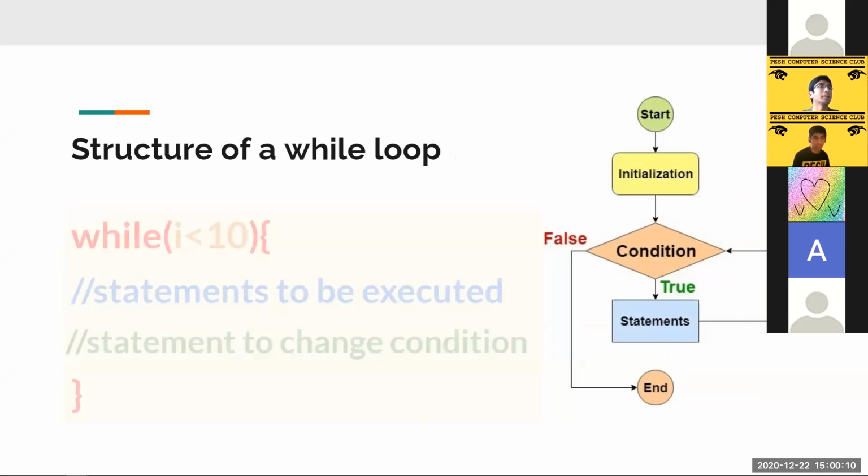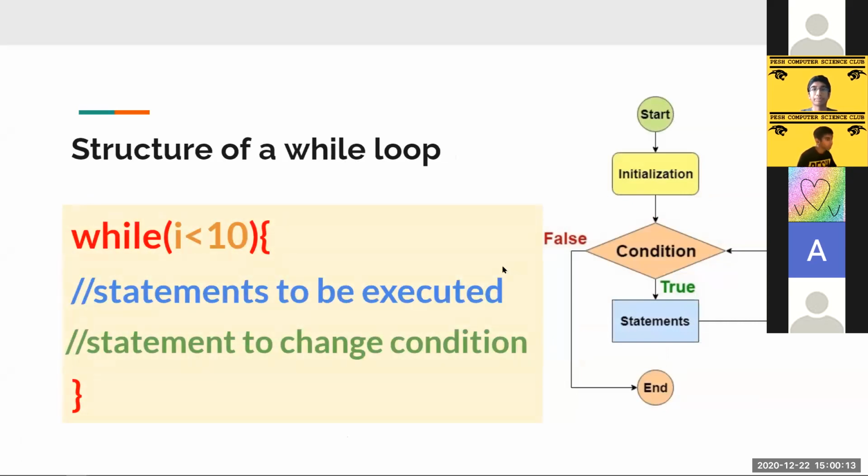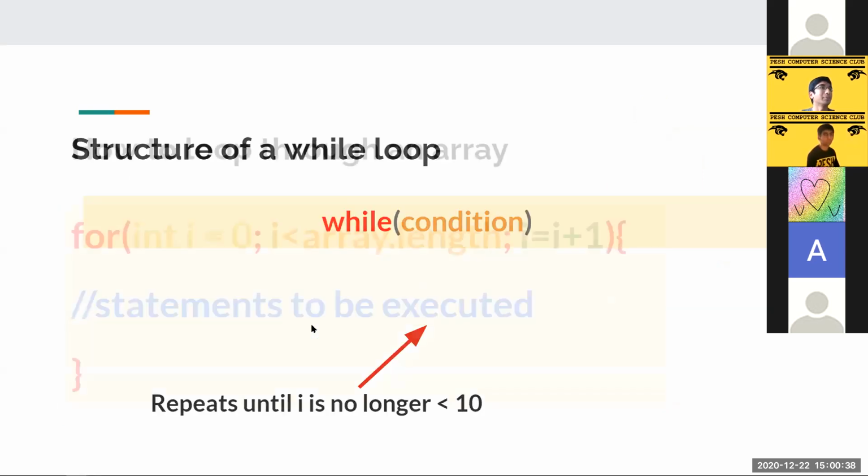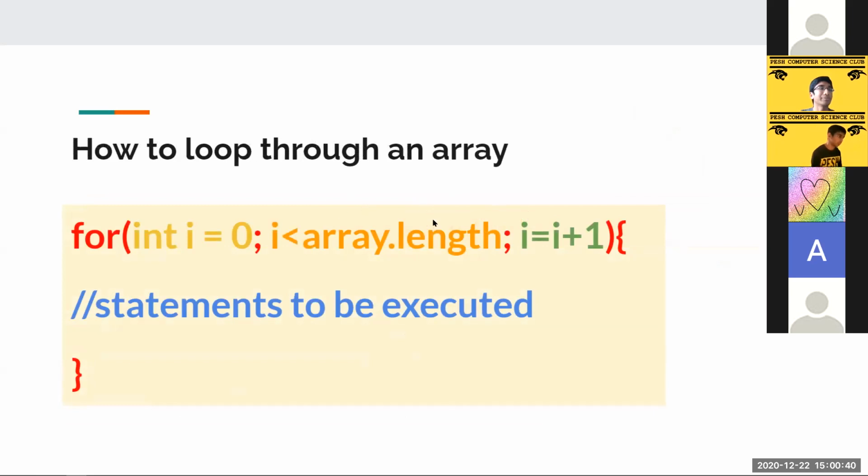Oh, okay. Yeah. So the while loop follows the same flow chart as a for loop, except you have a while, and while the condition inside these parentheses is true, this while loop will keep running. Compared to a for loop, you have the condition over here, where it will keep running as long as that condition is true.